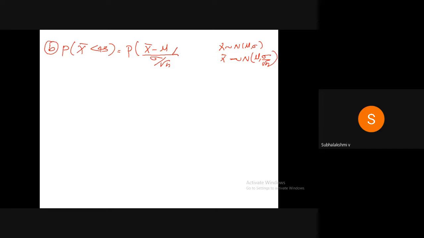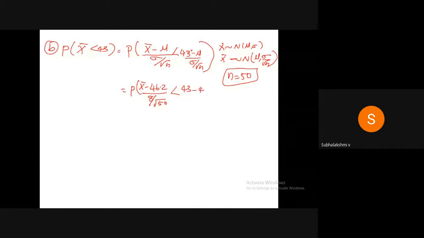Given n equal to 50 by random sampling, x bar is the sample mean and mu is the population mean, which is given as 46.2, and sigma is 8.